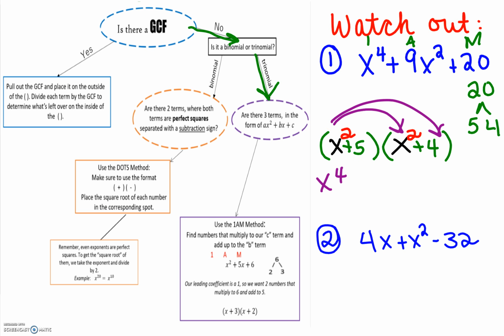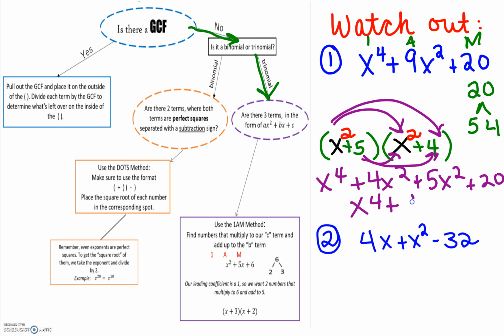X squared times 4 is a positive 4x squared. 5 times x squared is 5x squared. And then 5 times 4 is 20. So when we combine our like terms, we have x to the fourth plus 9x squared plus 20. And that does work out because that is our original.